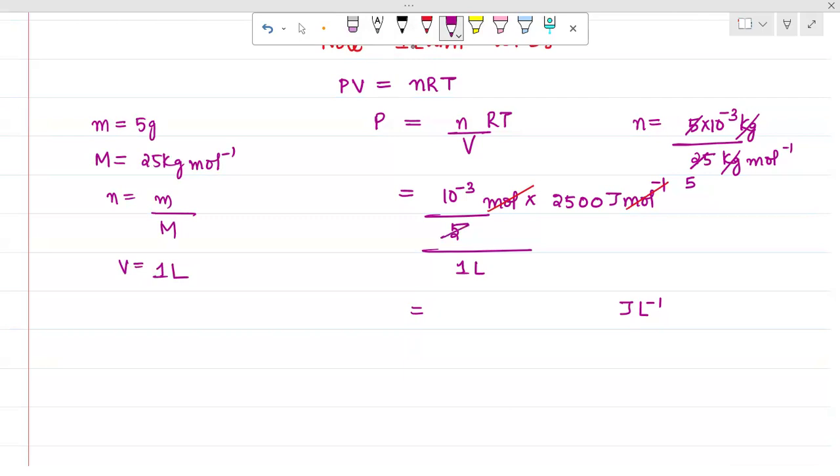Okay. Now 500 and this becomes 0.5 joules per liter. The osmotic pressure is 0.5 joules per liter. Okay. Now, again, what do we need?